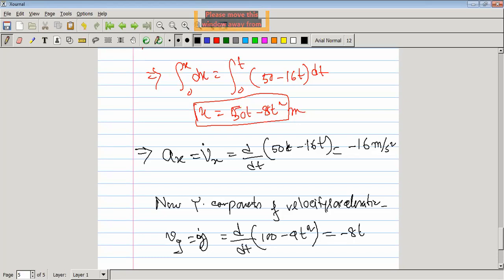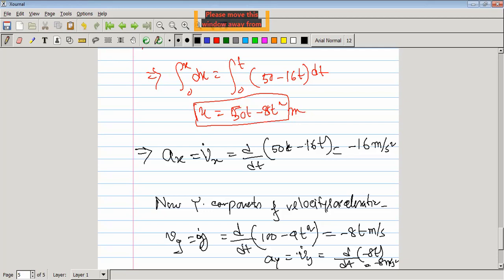So it is nothing but minus 8t meter per second. And acceleration is simply Vy dot, so d by dt of minus 8t, it is minus 8 meter per second square.